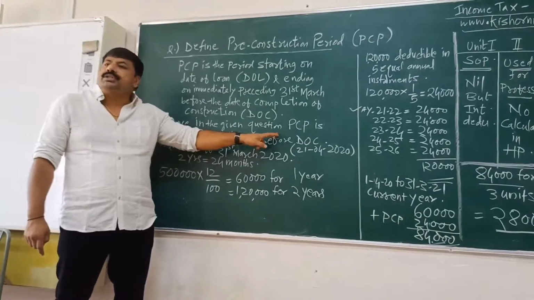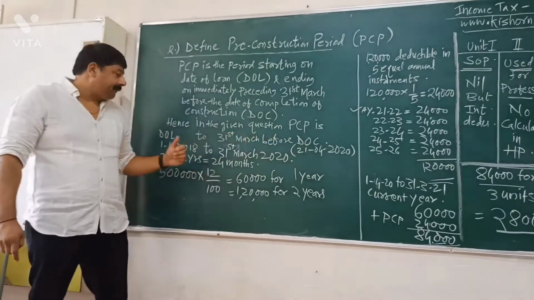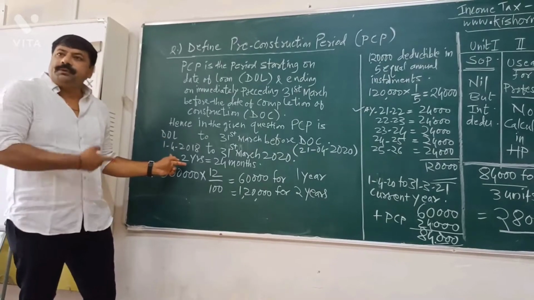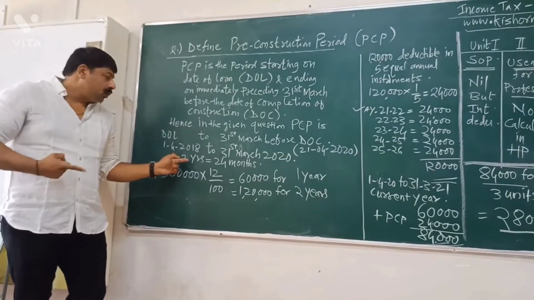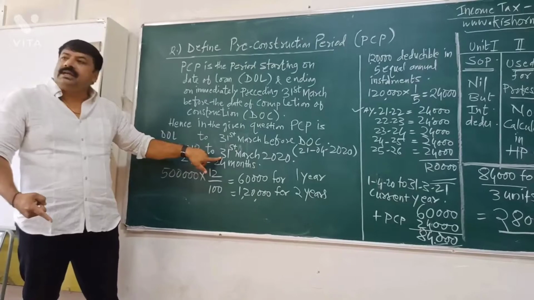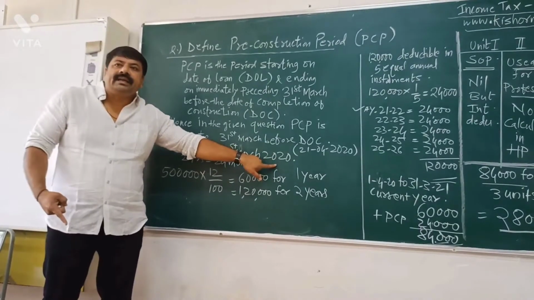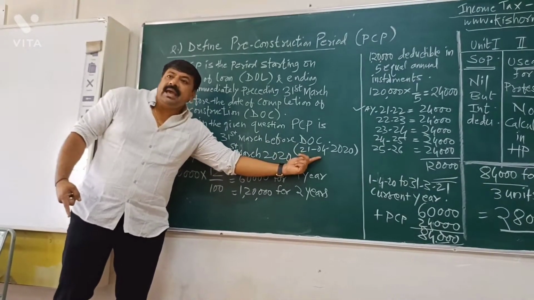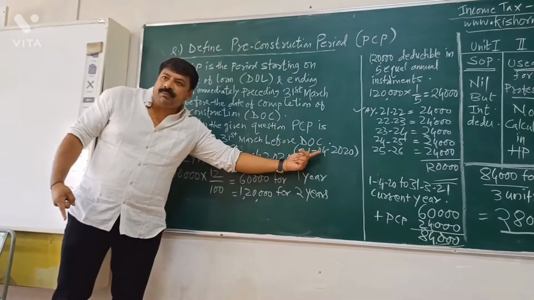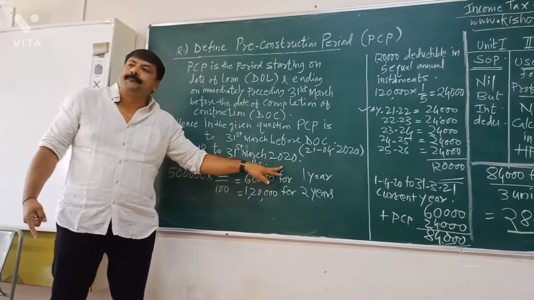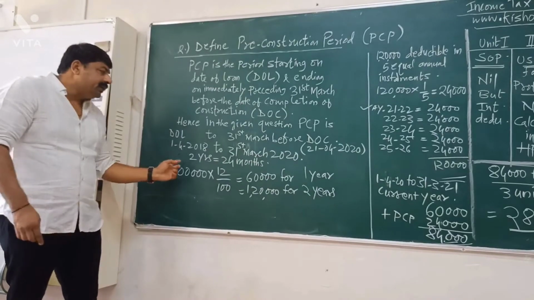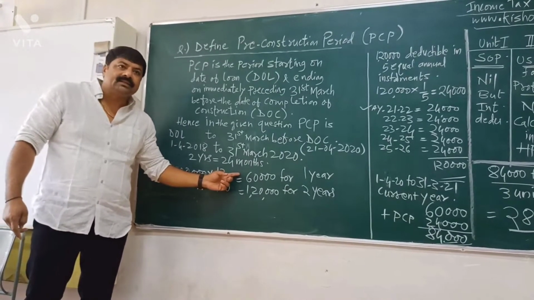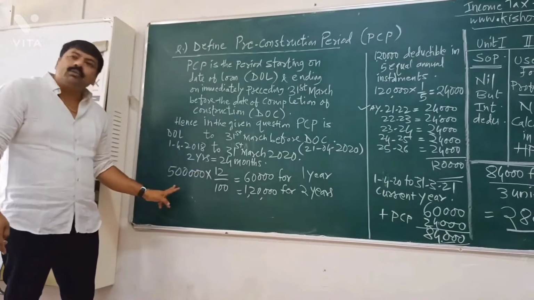Hence, in the given question, the pre-construction period is from the date of loan, which is 1st April 2018, to the immediately preceding 31st March 2020, because your completion is April 2020. So total period of 2 years means 24 months. Clear?